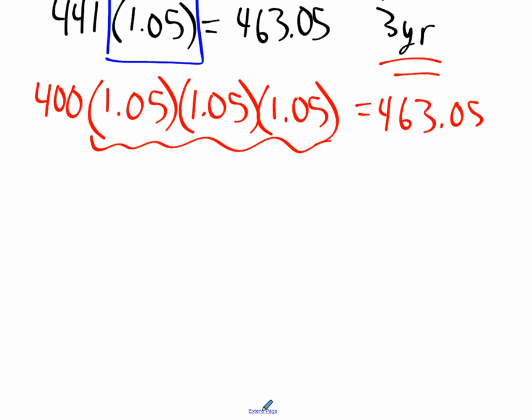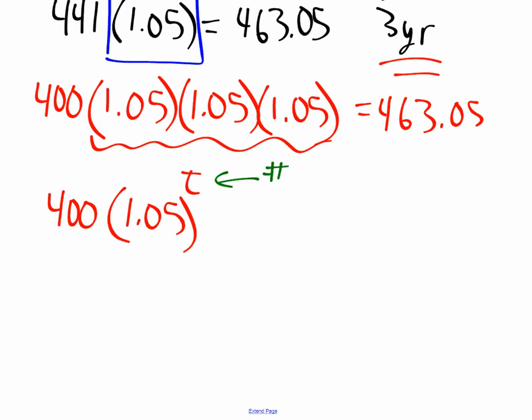If I'm multiplying repeatedly by the same thing, I could use exponents to represent that. So technically, I could have just gone, okay, 400, my original amount, times 1.05 to the t, where this t is the number of years. And this all together will give me my amount, which I'll use A for.